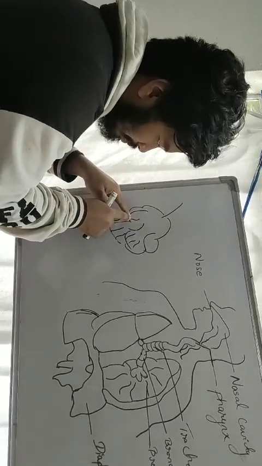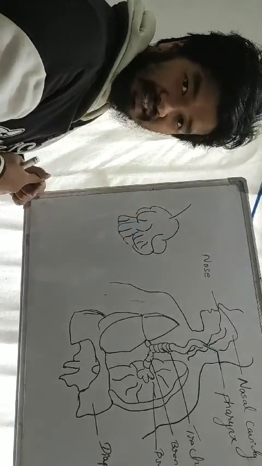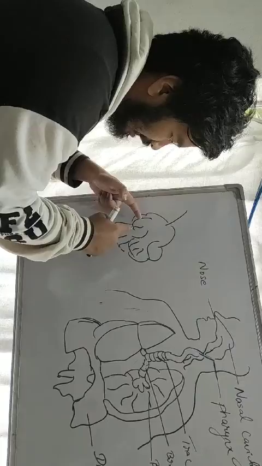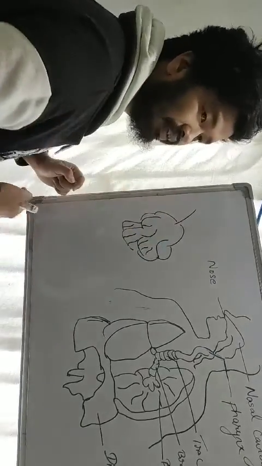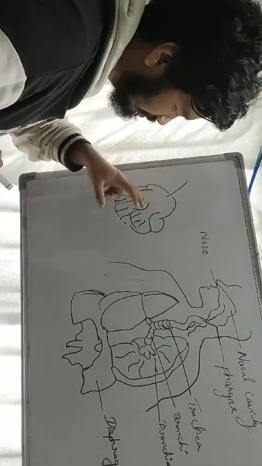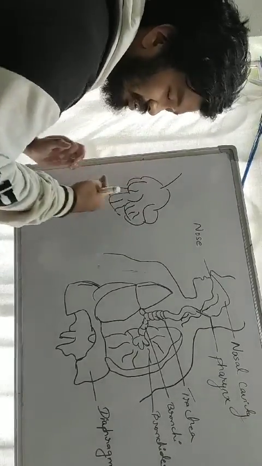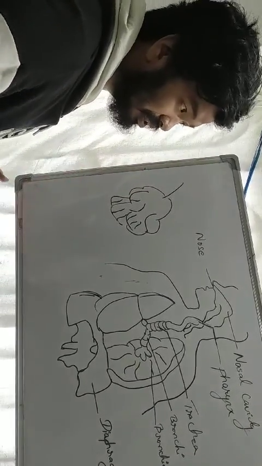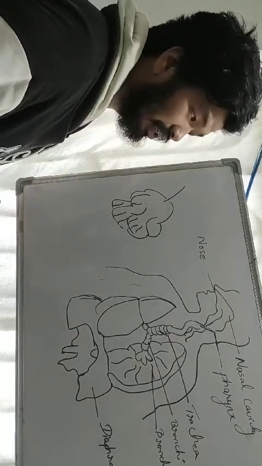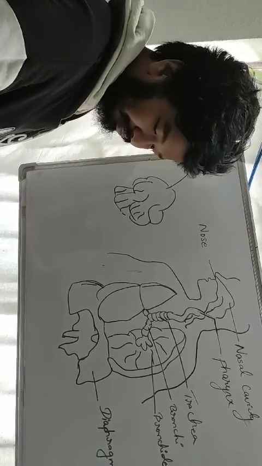At this space the transfer of gas takes place. The capillary gives out carbon dioxide, and through the alveoli oxygen is inserted into the capillary, and that is how the exchange of gas takes place, which completes the human respiratory system.